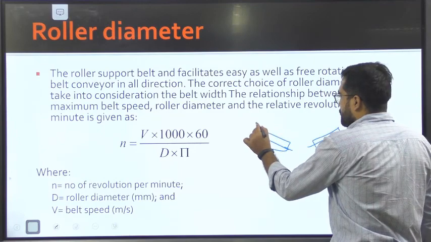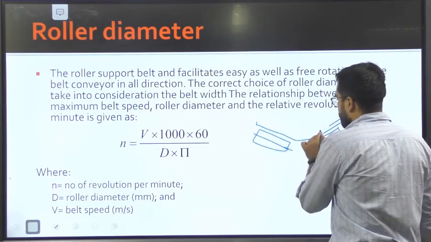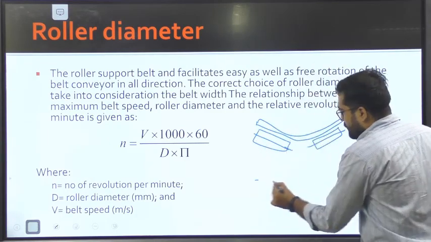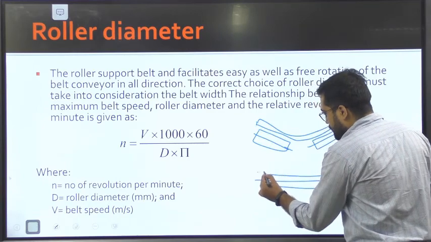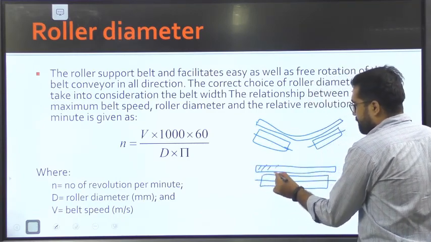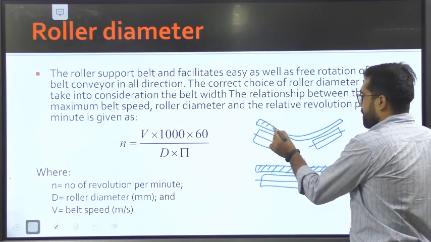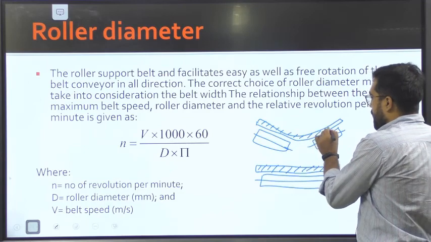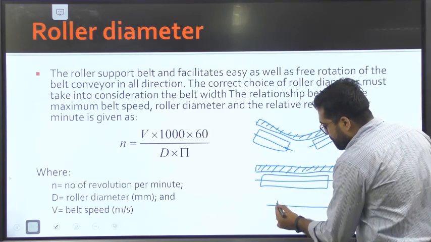And on the width of this, the belt will be rotating. Or there can be straight rollers also, and on that a straight belt will be there. Or there can be 3 rollers also.